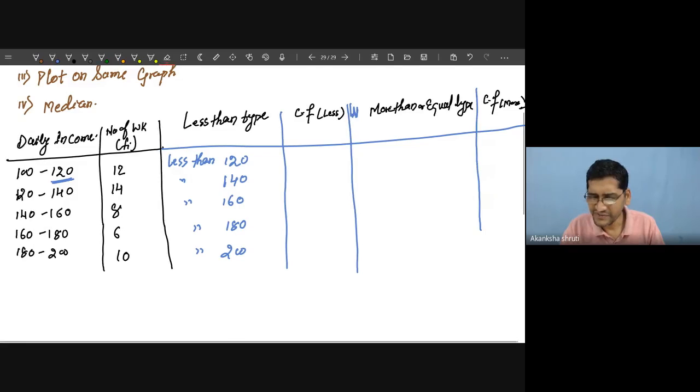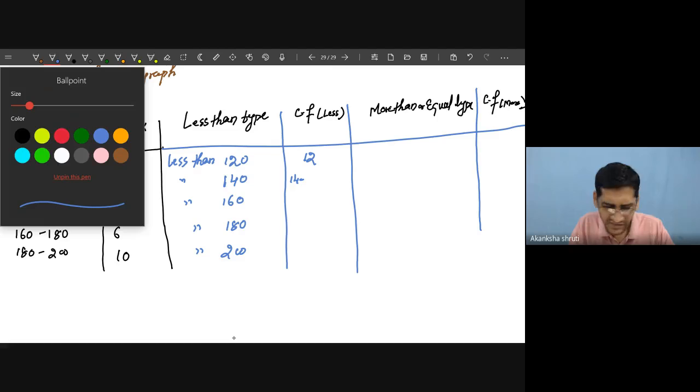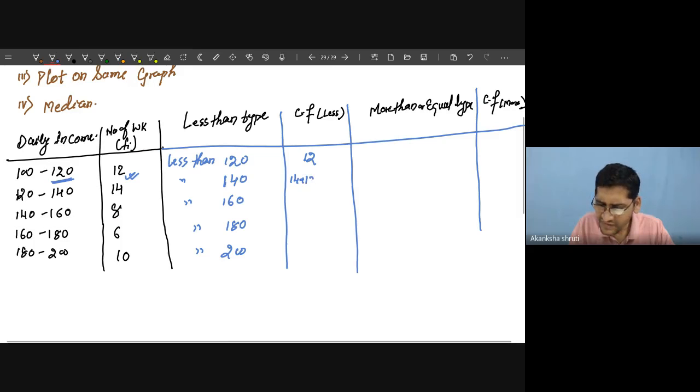So write it quickly. The cumulative frequency is very easy for less than type. For less than type, you have to start from the top. So for less than 120, this 12 itself will get copied here. Then 12 plus 14 is 26.